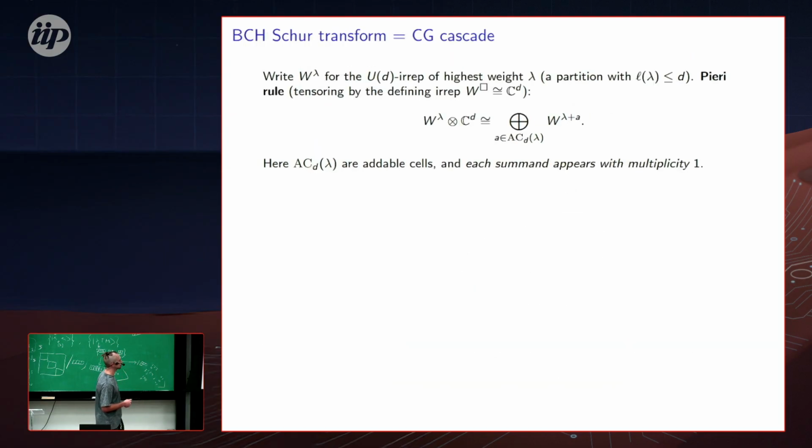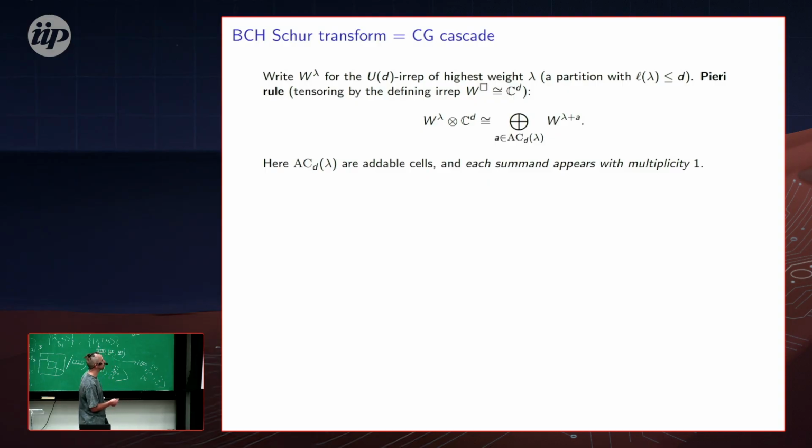But okay, it's a detail. The idea is to convey the high-level picture, and it's that the Schur transform is a cascade of Clebsch-Gordan transforms. So what's a Clebsch-Gordan transform? It diagonalizes the tensor product of two irreps of the unitary group. In particular, we don't know efficient circuits for the diagonalization of the tensor of two general irreps, but we do know the case where one of the two irreps is the standard irrep.